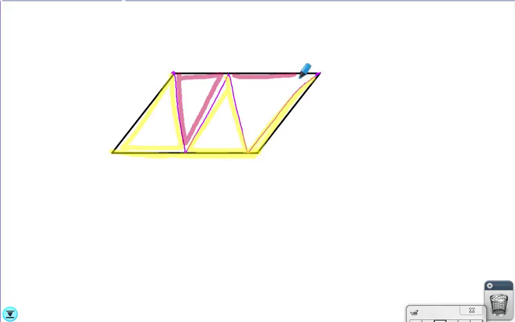The sum of these 2 areas is half of the complete. The sum of these 3 areas is half of the complete. I hope that you can get the idea.